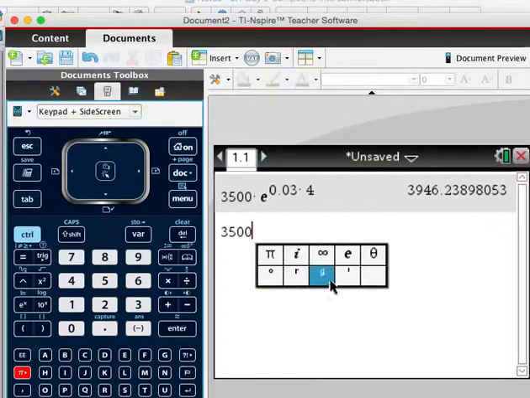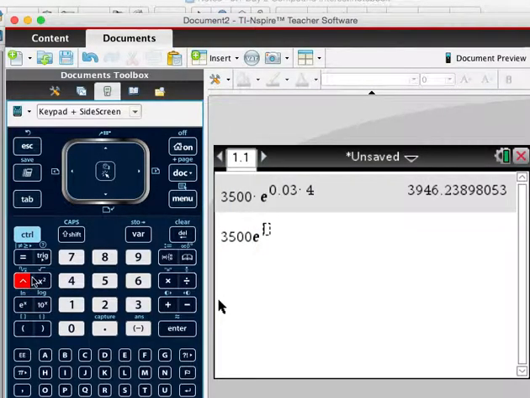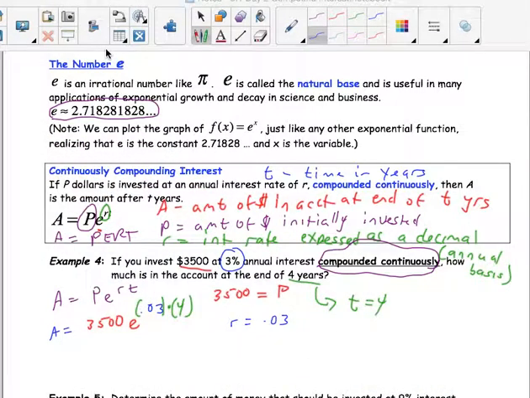So I can hit e, 3,500, and then I'll have to use the exponential function button, which is this little caret, then 0.03 times 4. Either way is fine. In both cases, we get our solution, which is 3946.24 rounded. Since it's money, we'll round to the nearest hundredth or the nearest cent. So we'll put our answer down here.